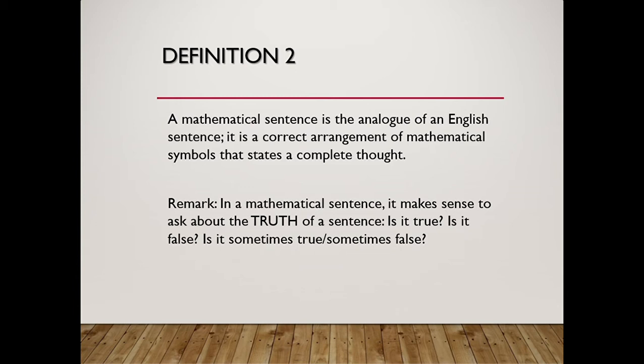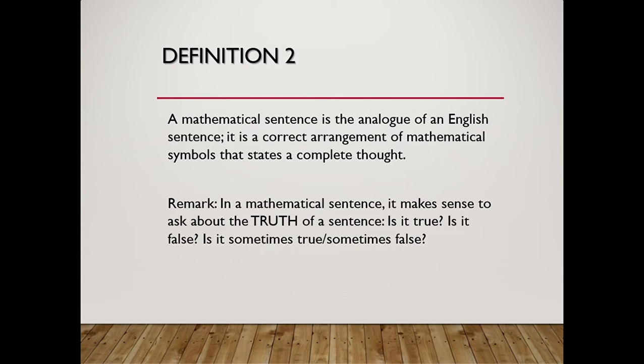Like for example, in English, let's just go with the very basic na like Maria is beautiful. So this is an example of English na. But for a mathematical sentence, that's 2 plus 3 equals 5. So it has a complete thought. Remark here, in a mathematical sentence, it makes sense to ask about the truth of a sentence.